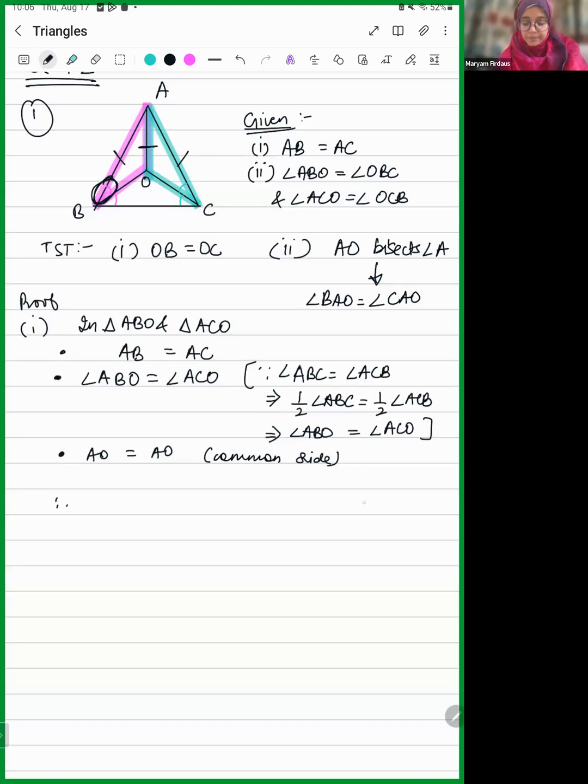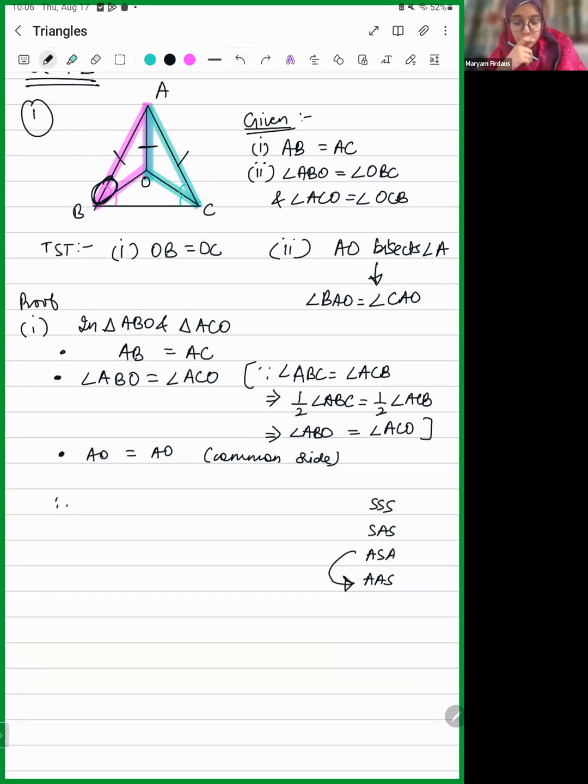We can have SSS, SAS, ASA, and we can also have AAS. That is something that you don't study, but you can derive this from ASA itself. We have RHS, which is not applicable here, of course. Ma'am, I was suggesting ASA could work. ASA. Okay. So we need two angles for that. Now, you are saying we can take this angle equal to this angle, but how can we take them to be equal?